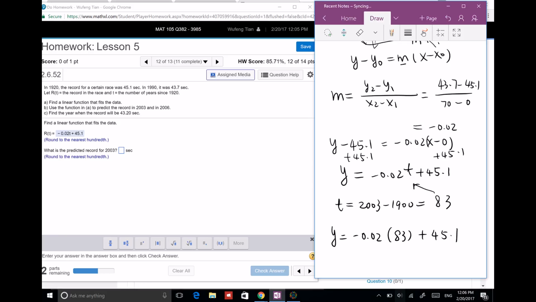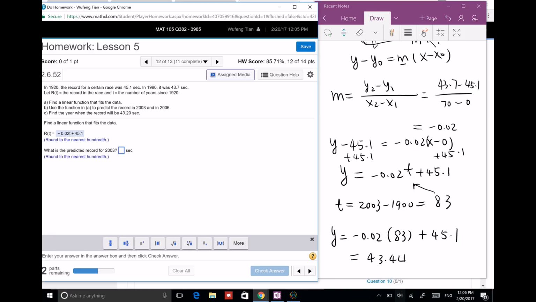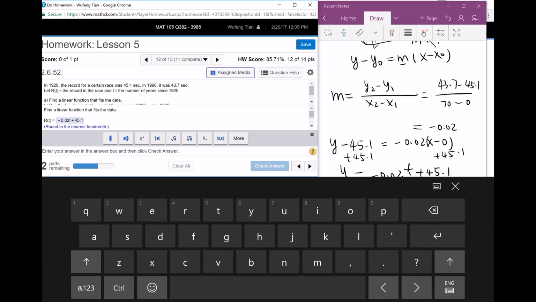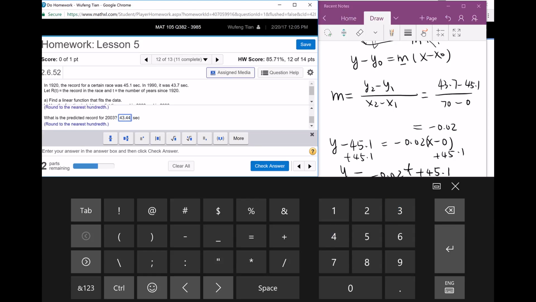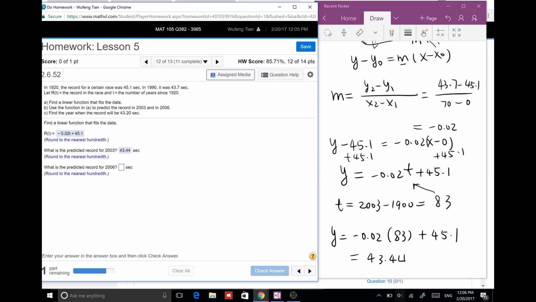So negative 0.02 multiplied by 83 plus 45.1 is 43.44. Now I continue.